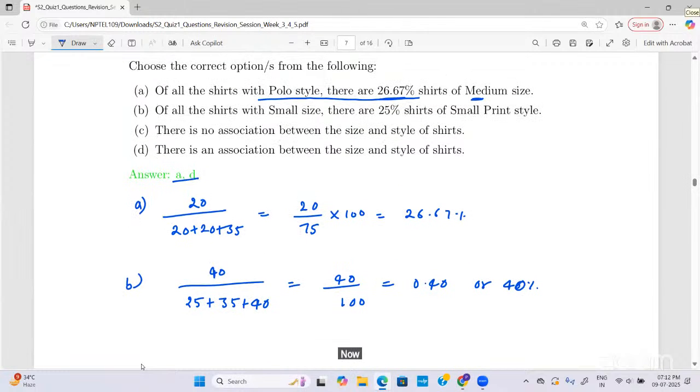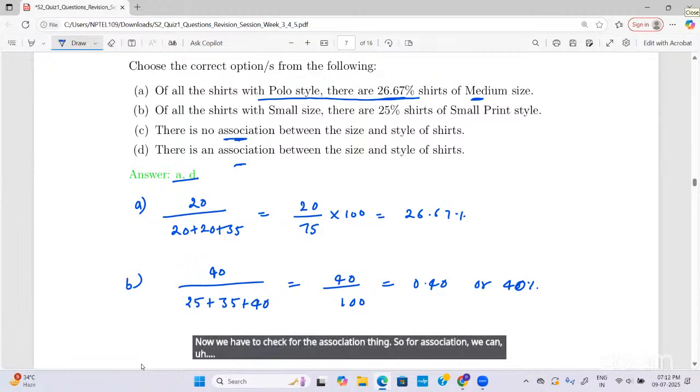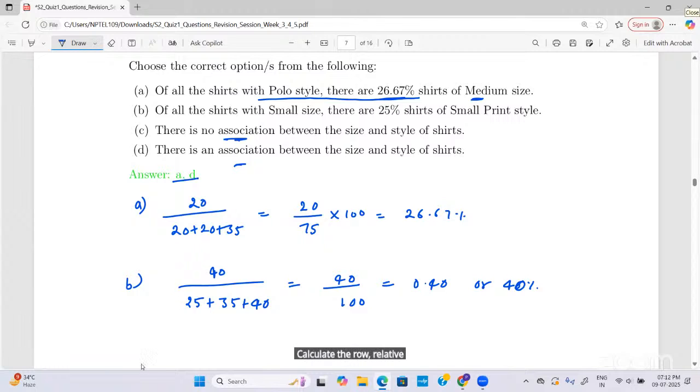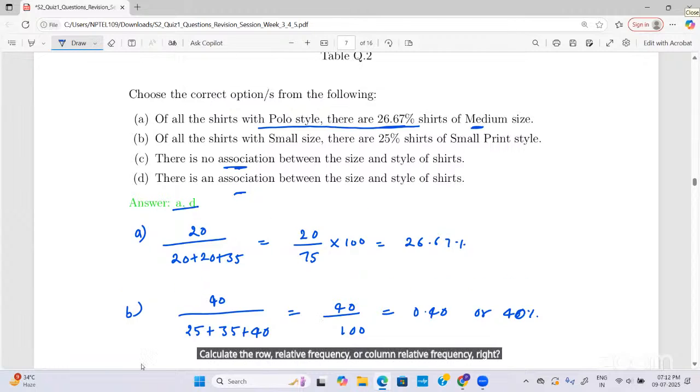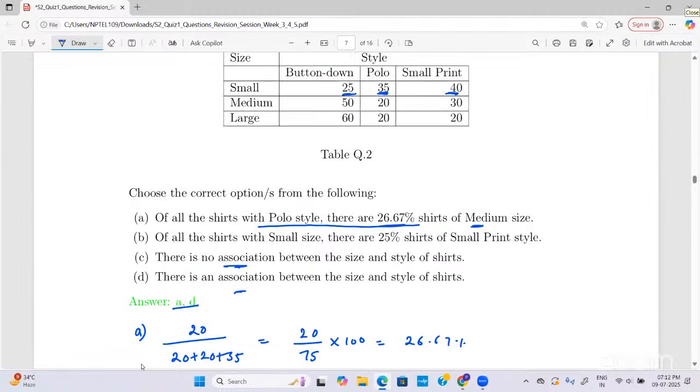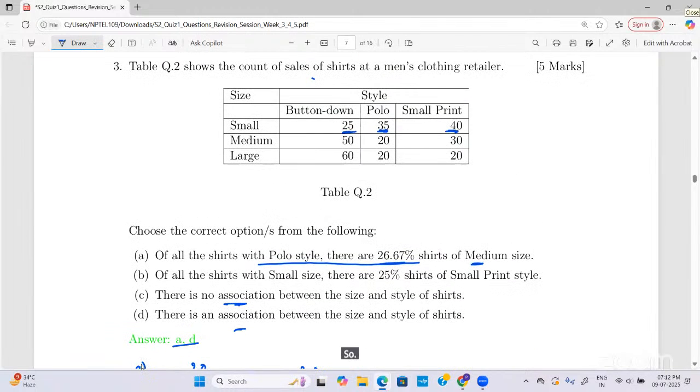Now we have to check for the association thing. So for association, we can calculate the row relative frequency or column relative frequency, right? So this total will be 100. This also 100.